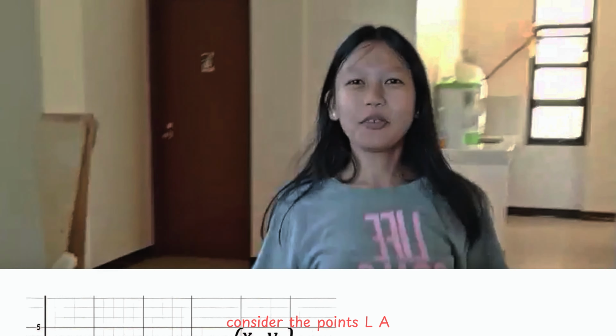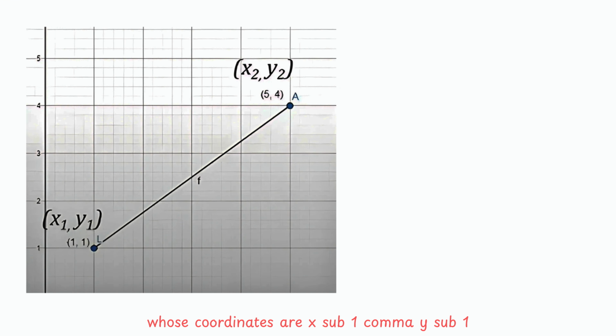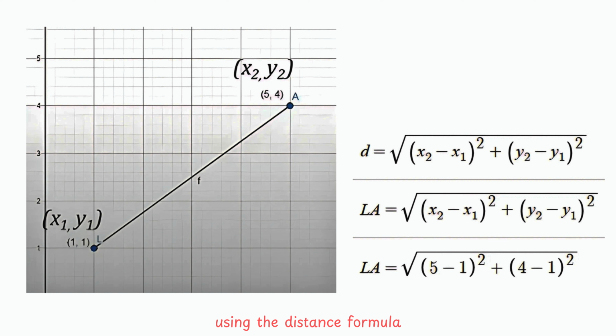Now, consider the points L and A whose coordinates are x sub 1, y sub 1, and x sub 2, y sub 2, respectively. The distance between these points can be determined using the distance formula.